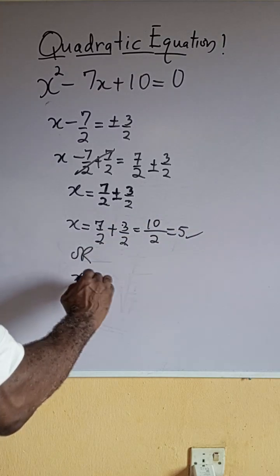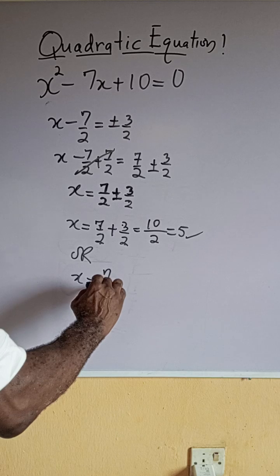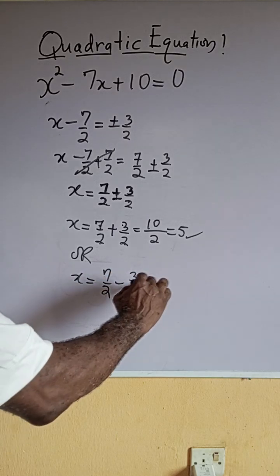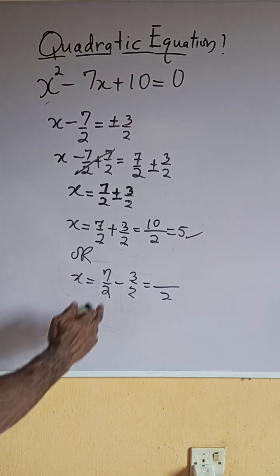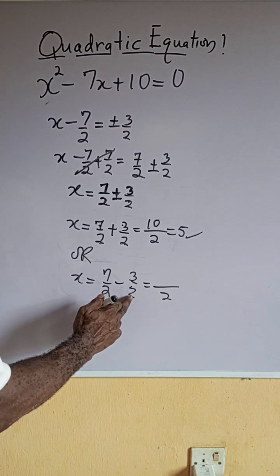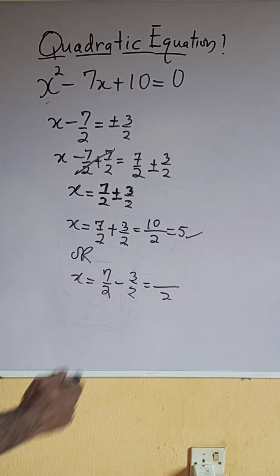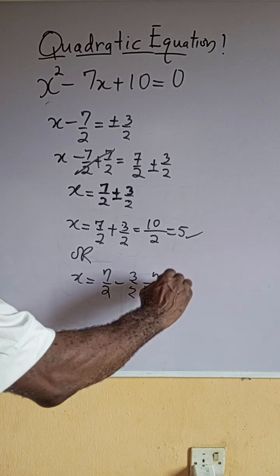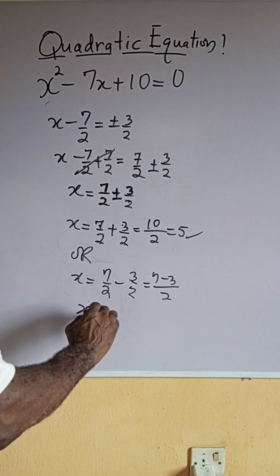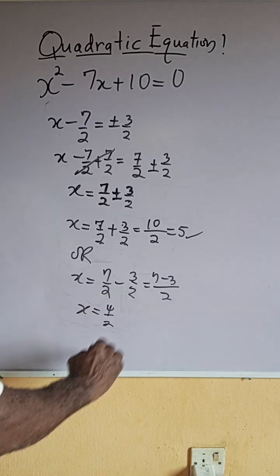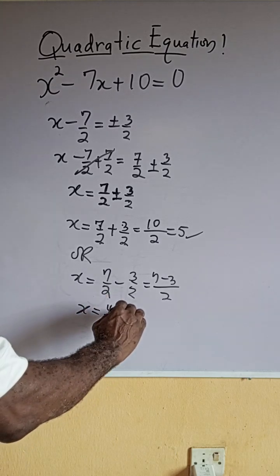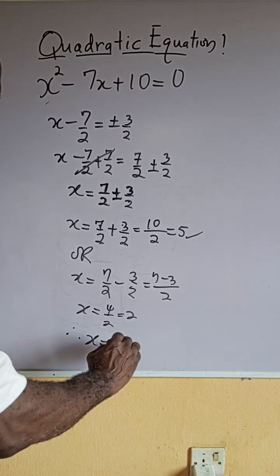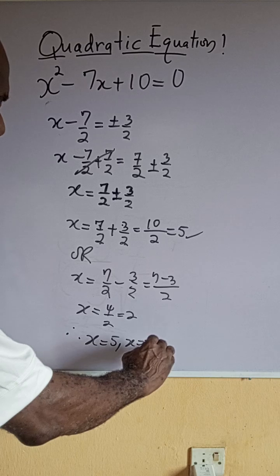Or x is equal to 7 over 2 minus 3 over 2, which is equal to, as usual, the LCM is 2. We subtract the numerators, 7 minus 3, x is equal to 4 all over 2. So that when 4 is divided by 2, we're going to have that x is equal to 2. Therefore, x is equal to 5, or x is equal to 2.